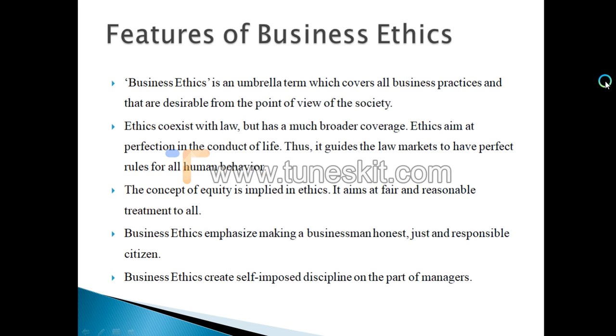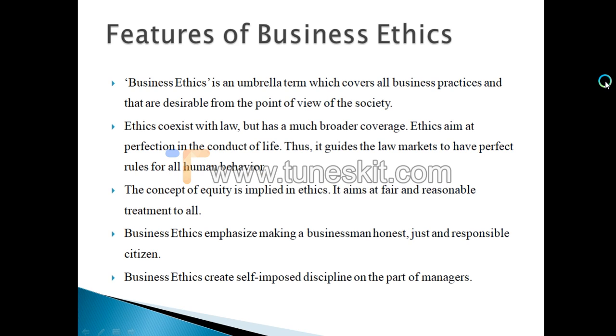Ethics coexist with law. Law and ethics are coexistent, but ethics has a much broader coverage. Though they are interrelated, law has a different, larger scope, and ethics has a different, larger scope. Ethics aim at perfection in the conduct of life: how to become good, how to develop yourself, how to improve yourself.